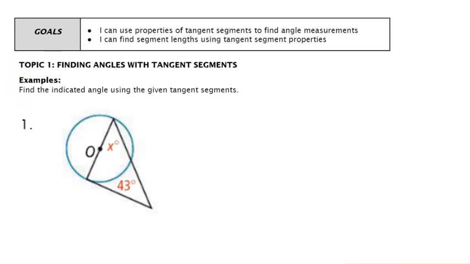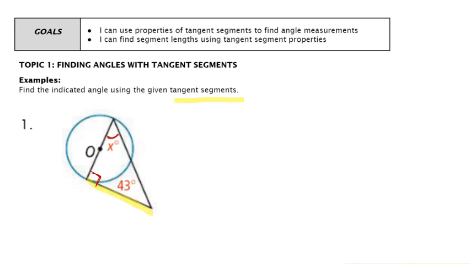So the first example we have here says find the indicated angle given the tangent segment. So we can assume this is our tangent segment because they tell us in the problem, which means that this creates a right angle. So the question is then, what is the measure of x? X is an angle measurement.